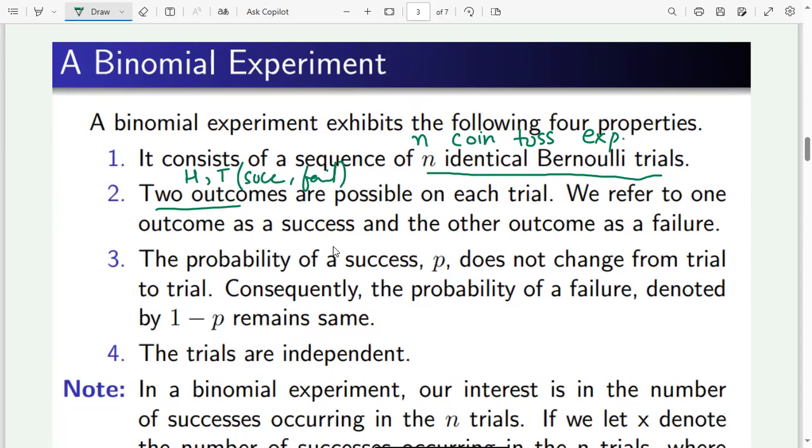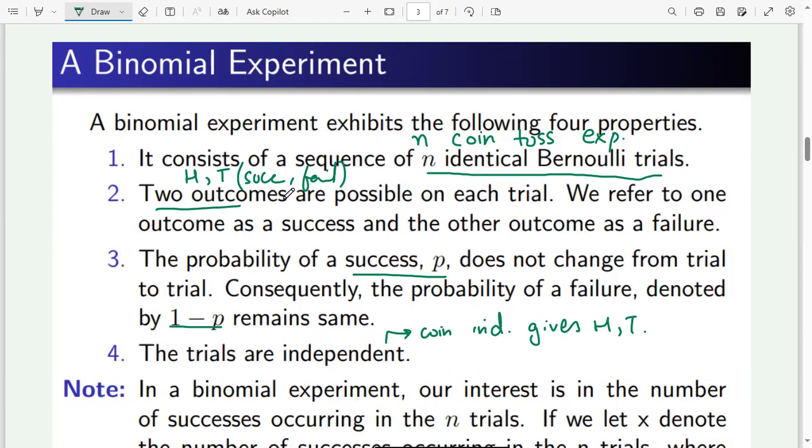As usual, we define success probability as p and failure as 1 minus p. We also assume that all trials are independent. What does that mean? Take the coin toss example, each coin independently gives heads or tails, meaning whatever happened in the first coin has no effect on the outcome of the second coin.